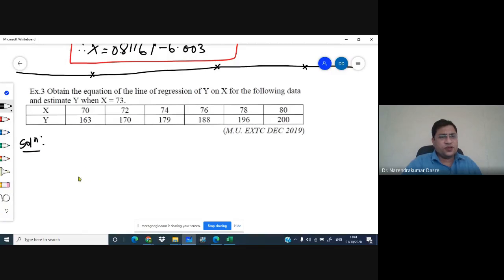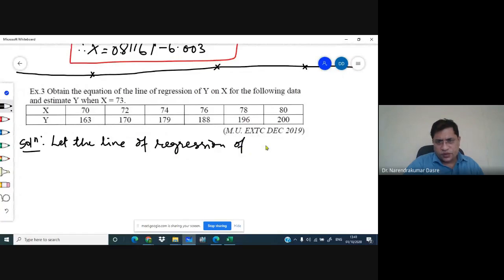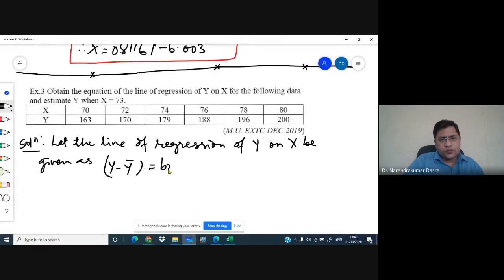Let the line of regression of y on x be given as y minus y bar is equal to byx into x minus x bar.